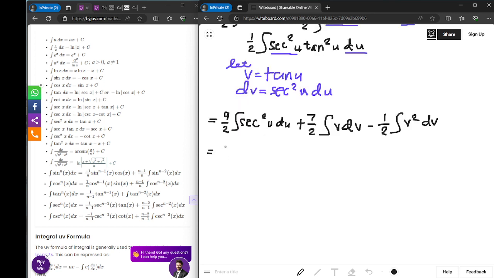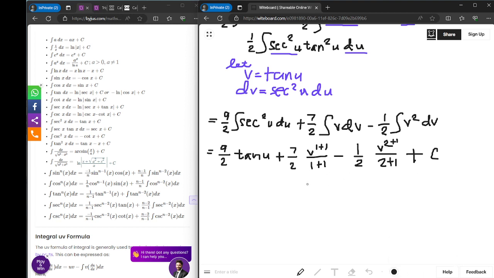So let's get the integrals. That's 9 over 2, the integral of secant squared is tangent, so this is tangent u, plus 7 over 2. The integral of v is v to the 1 plus 1 over 1 plus 1, minus 1 half, then this is v to the 2 plus 1 over 2 plus 1, plus c.